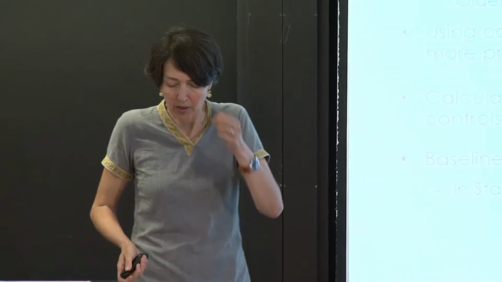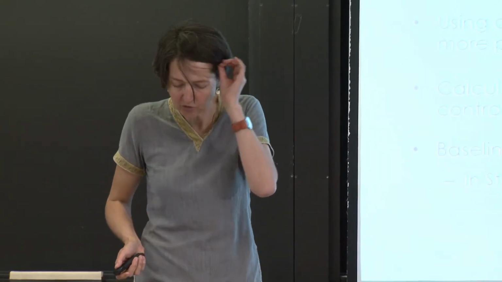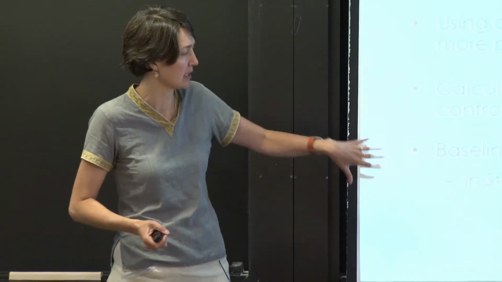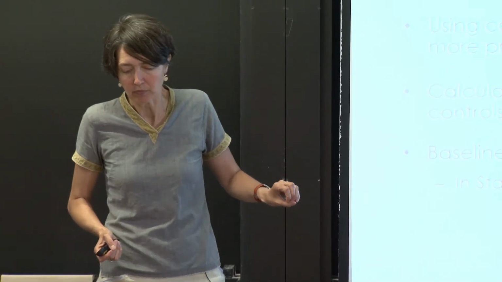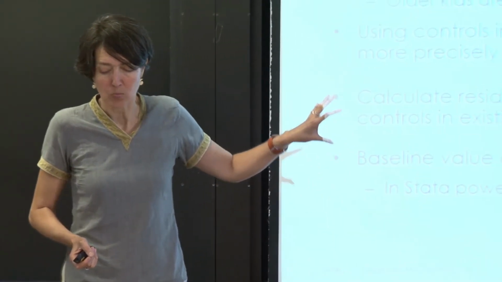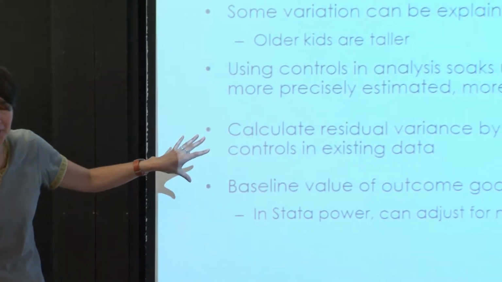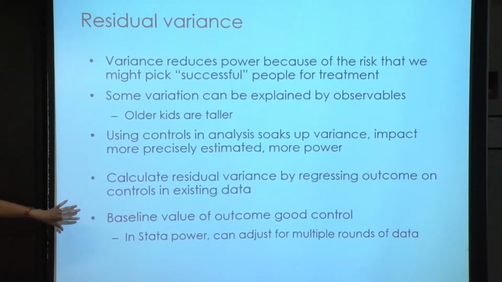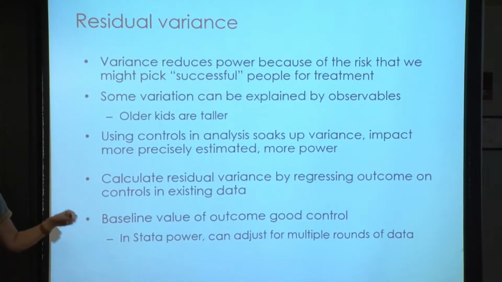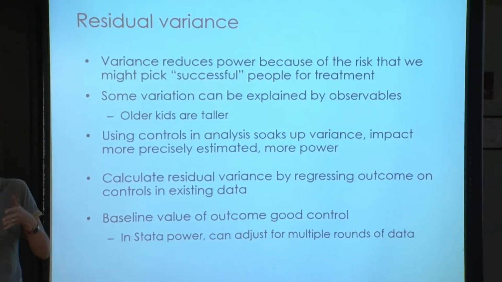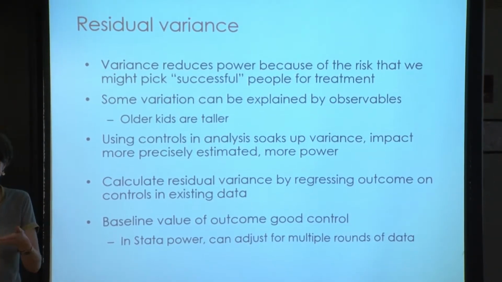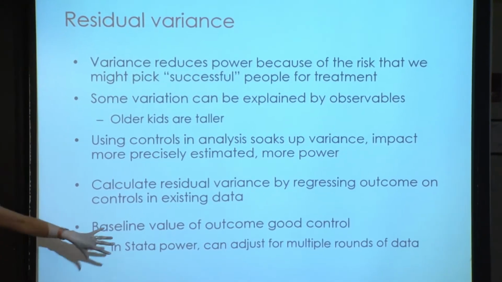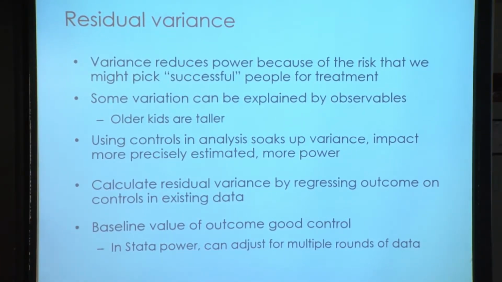Okay. So just coming back to this, doing the baseline. Within Stata, I don't know R as much, I assume there's a similar command. There's a command where you say that you're doing several rounds of data, i.e. you're putting in baseline data, right? So you're controlling for your baseline level.